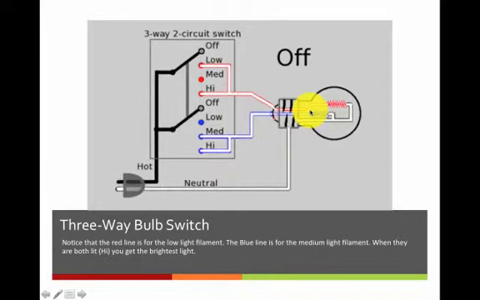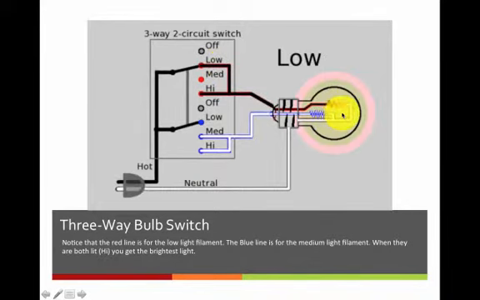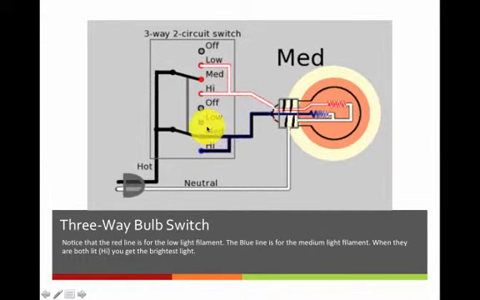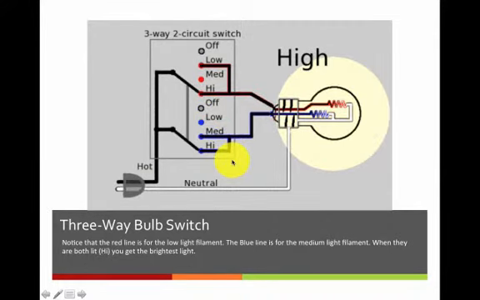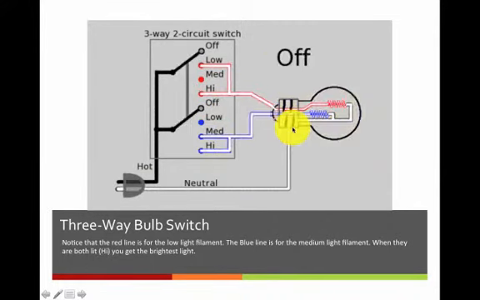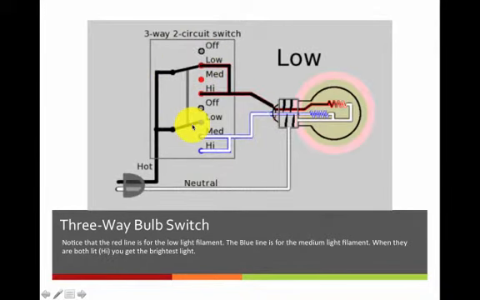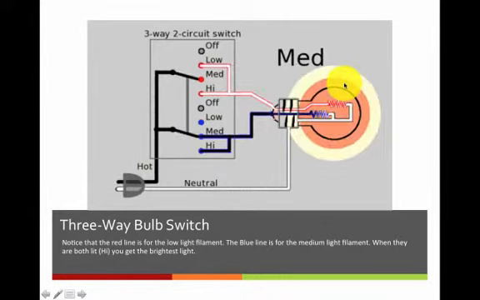So off, then you have the low filament, which is being lit only, then the medium filament, which is being lit only, and then both filaments, which are being lit, to give you that high intensity. This is how the switch works. There are actually multiple contacts that the switch makes contact with that feed into the light bulb.